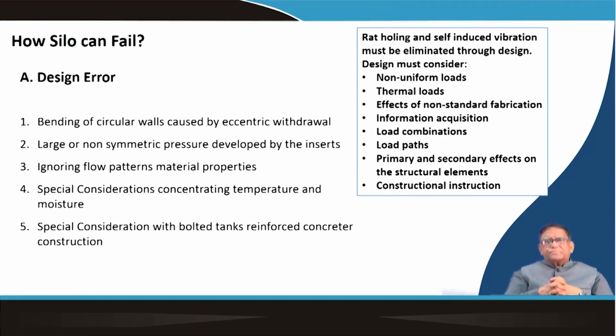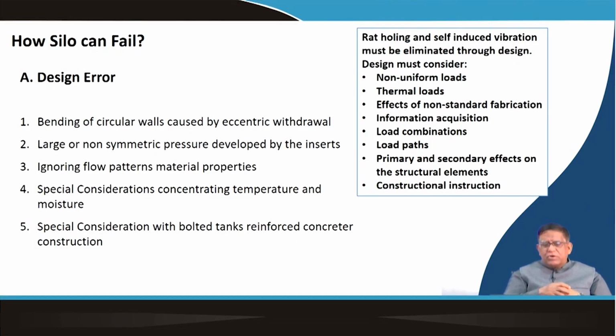Then the fabrication: sometimes the fabrication parts are non-standard because of economic reasons. Sometimes you do not take the standard prescribed material, you take a different type of fabrication, and it may give you problems. Sometimes you have not collected the proper information in designing, the material properties and all are incomplete, and at that time also you find problems.